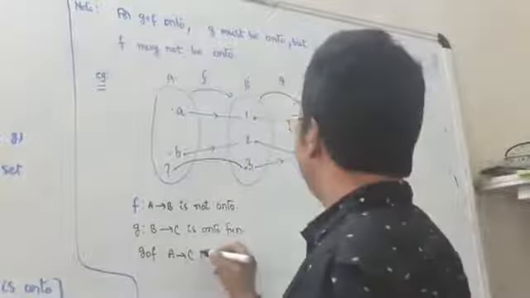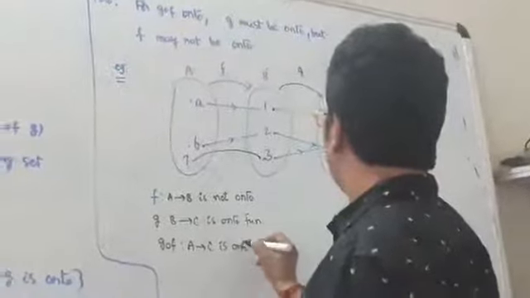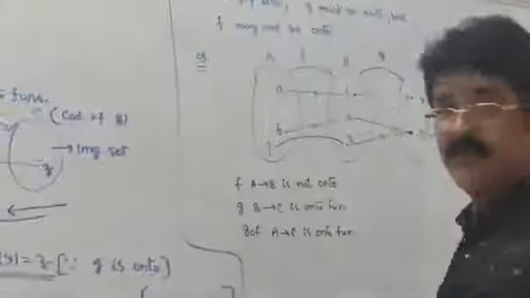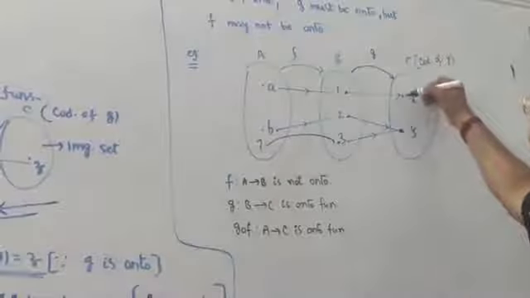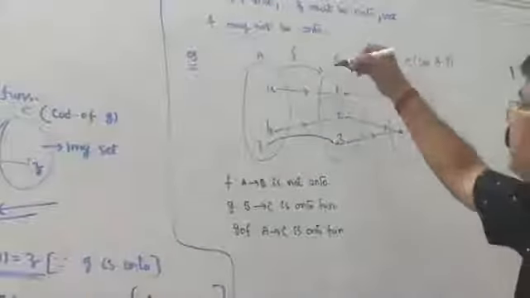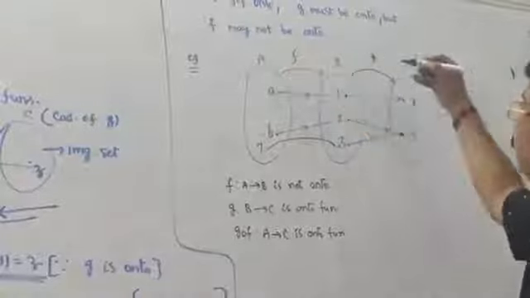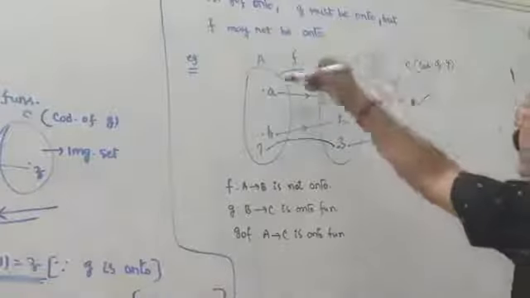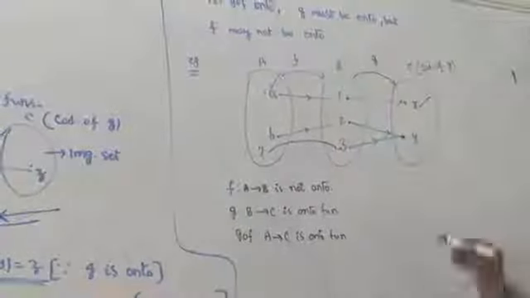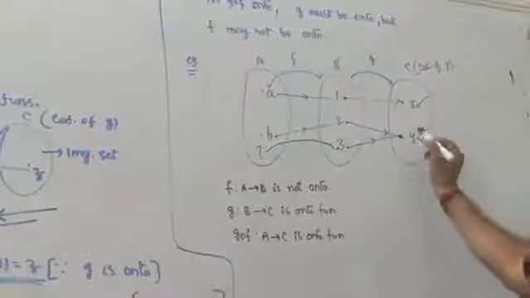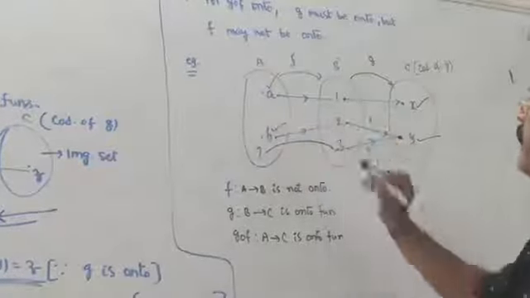Therefore, it is an onto function. Once again, x is the image of 1, and 1 is the image of a, so x has its pre-image a. y is the image of 2, with pre-image b.